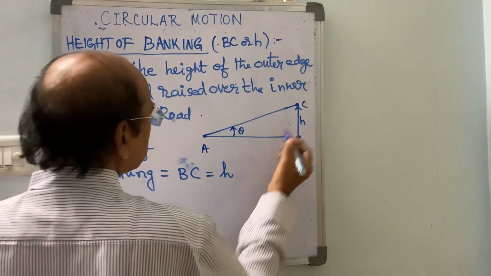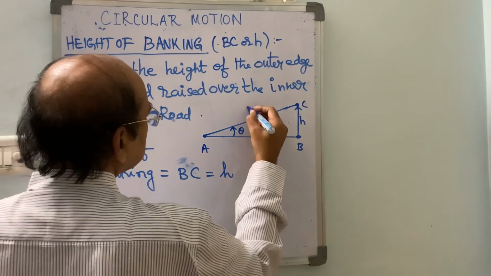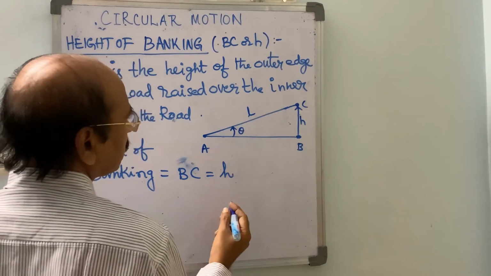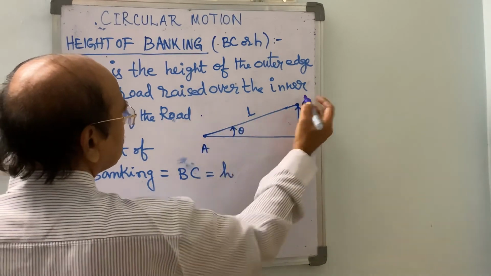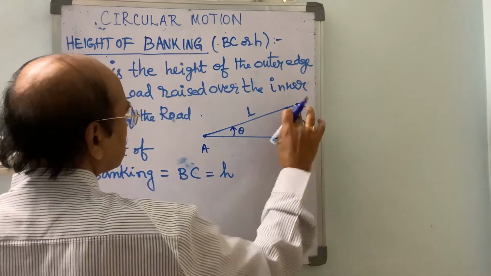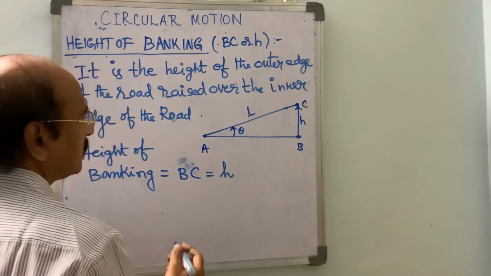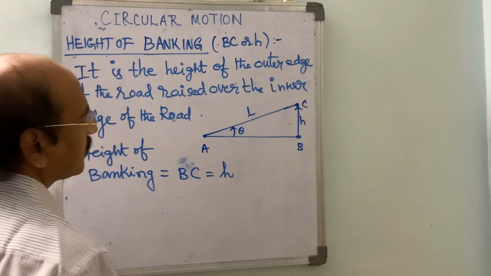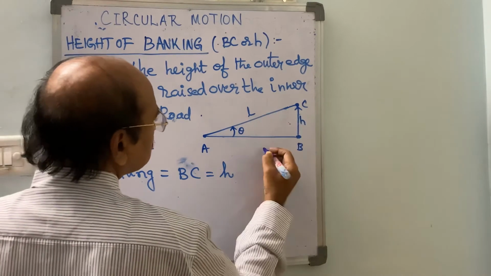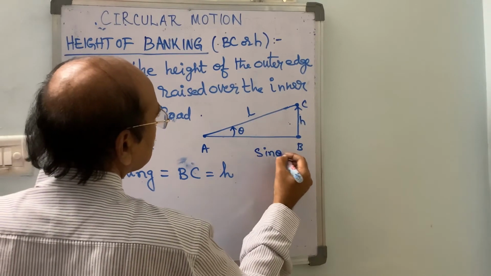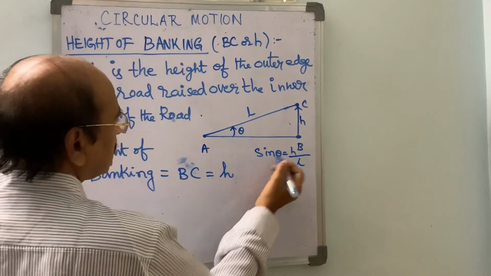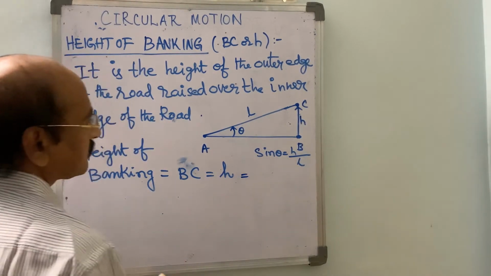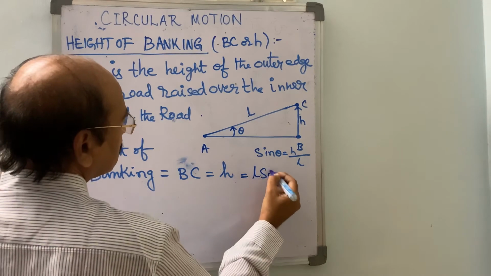So here, opposite side by hypotenuse: BC by AC is sin theta. Therefore sin theta is equal to H by L. So from this, H is equal to L sin theta.